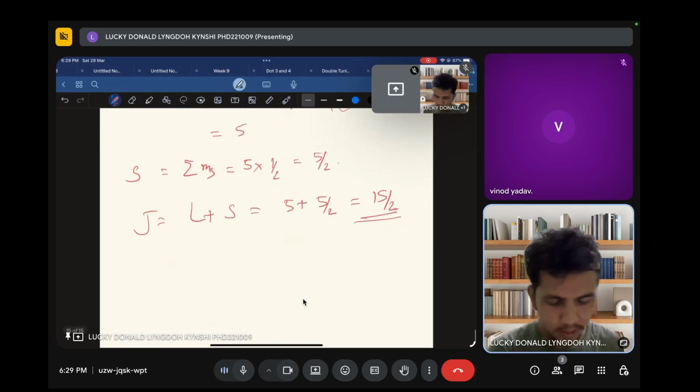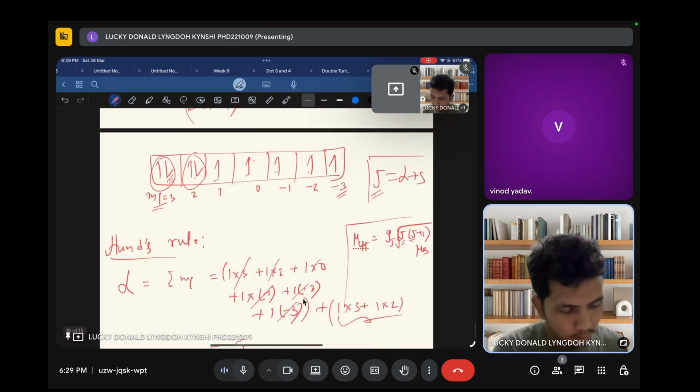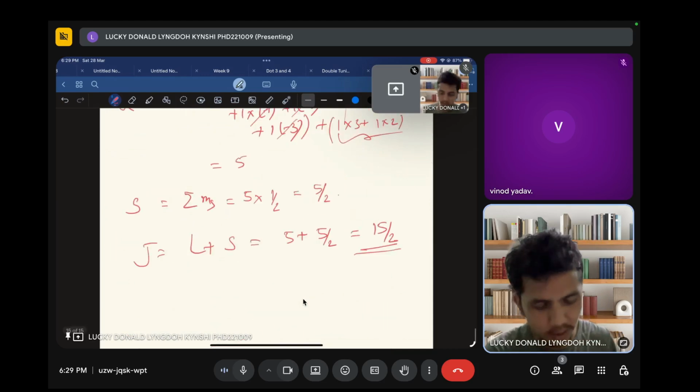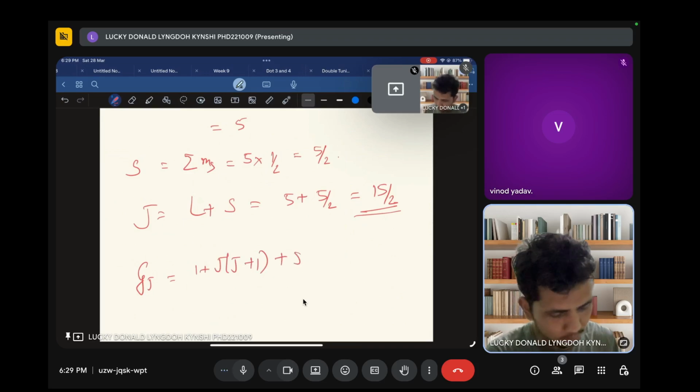Okay, so once we get that, we can calculate. If you look back at the formula, you already know the value of J. Now you have to calculate the value of g_J. g_J is the Landé factor, which is given by 1 plus J(J+1) plus S(S+1) minus L(L+1) divided by 2J(J+1).